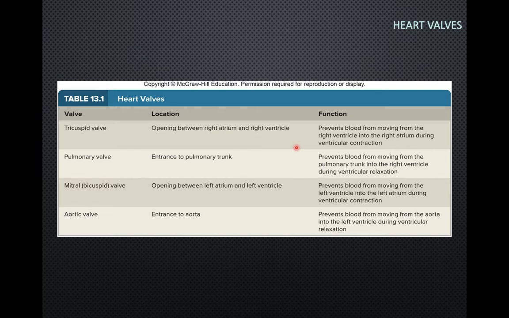Here's a nice little table for you, table 13.1 on page 355, that just summarizes all of the heart valves for you.